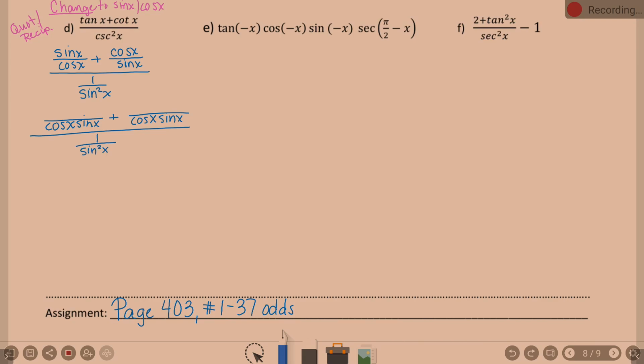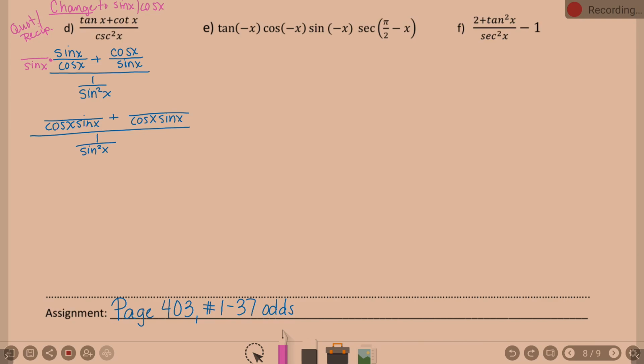If you want to go ahead and put these two fractions together, I'm kind of regretting, I probably should have done that, but it's all right. I'll do it next time. The first fraction here has a cosine. How do I get to the denominator cosine sine? I multiply by a denominator of sine. Are you guys okay with that?